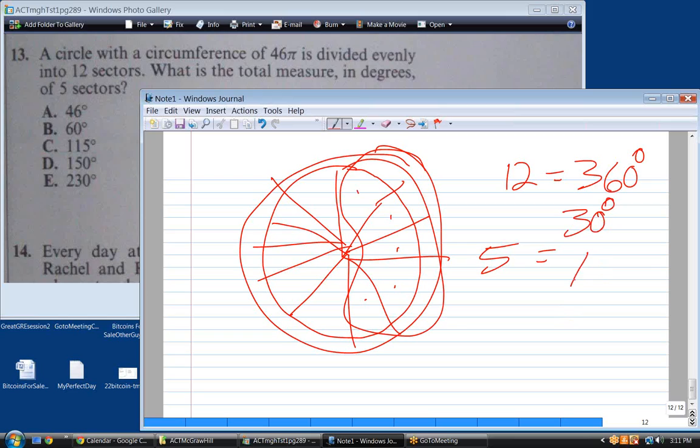Well, 5 of them is 150 degrees. Or we could just take 5 twelfths of 360. So then what was the 46 pi? That's the irrelevant information.